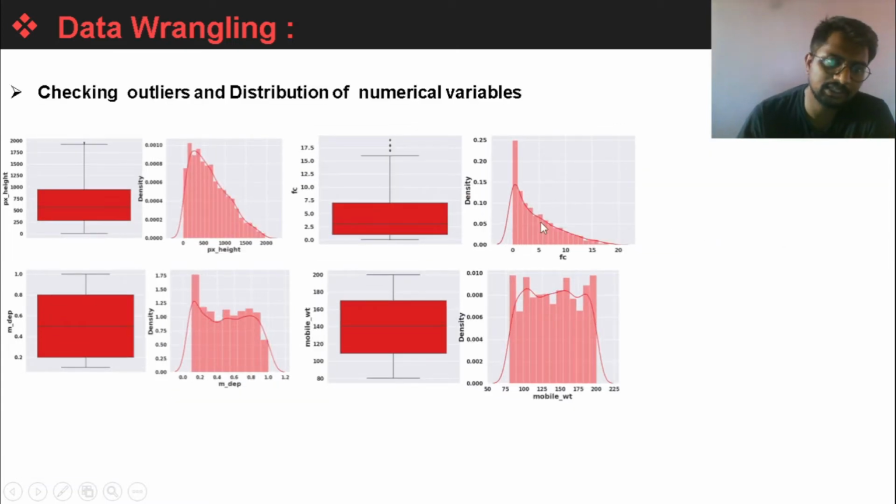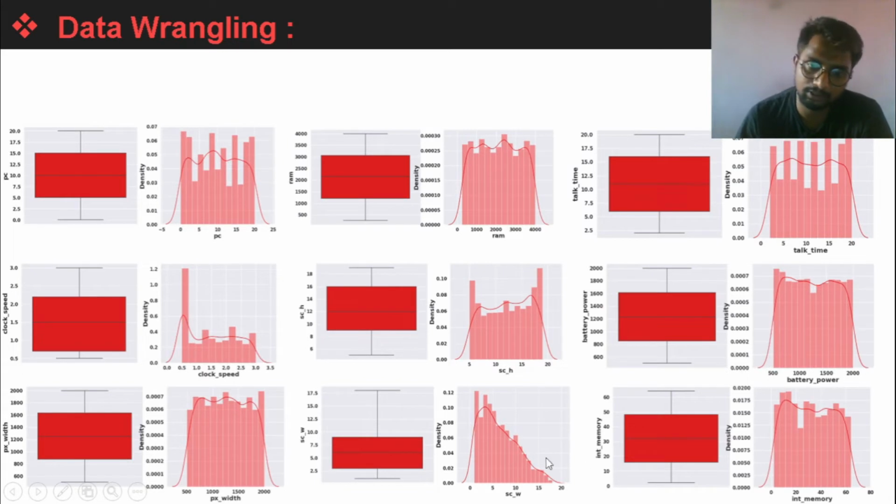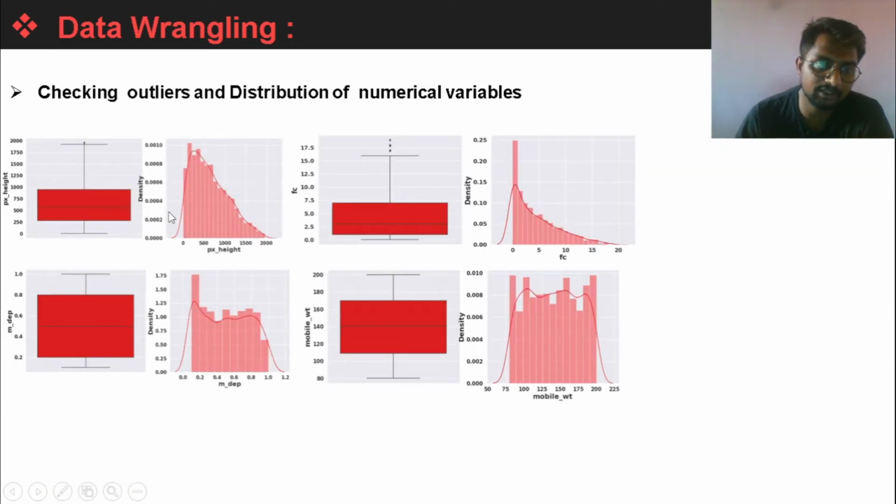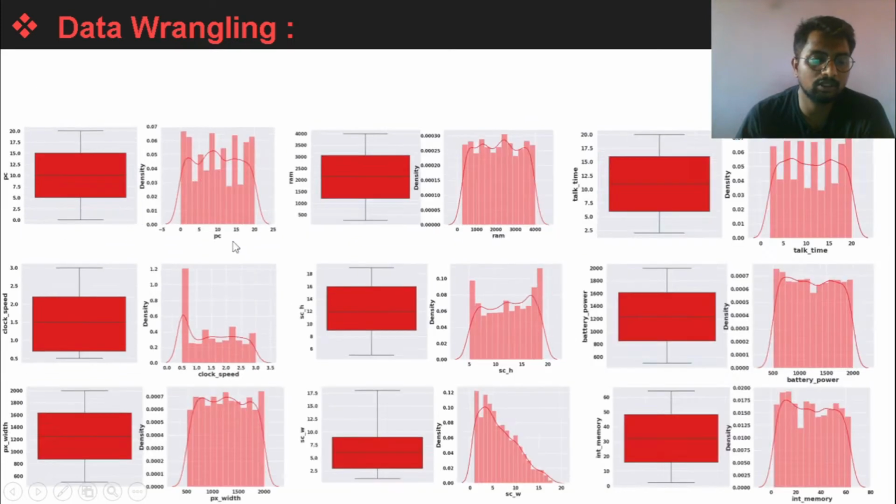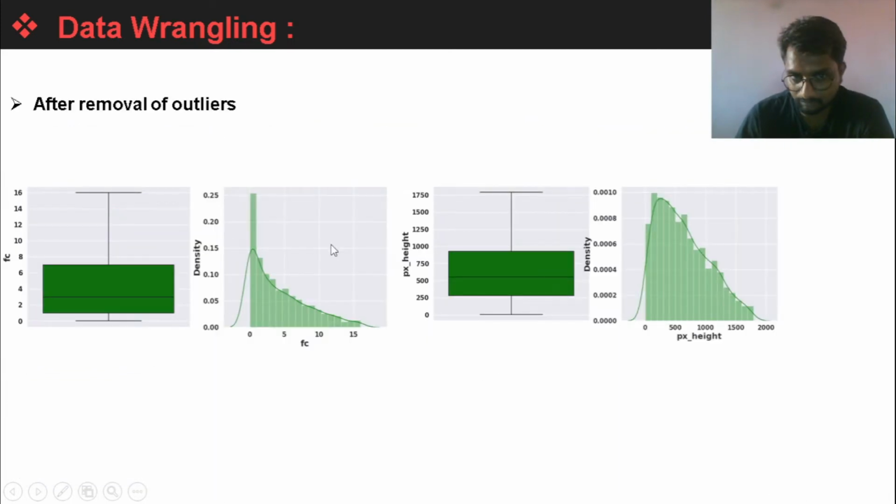Here we can see pixel height and front camera had a few outliers, and the distribution for almost all numerical variables is normal except screen width, pixel height and front camera, which are slightly right skewed. So to handle these outliers we use the IQR method.